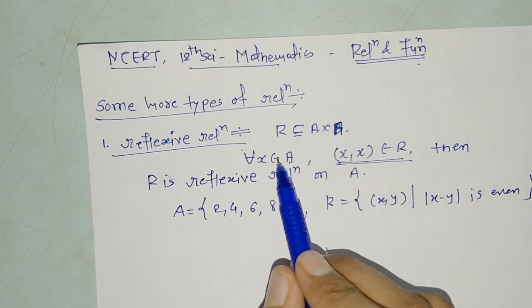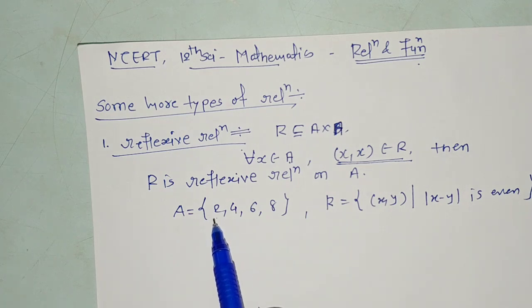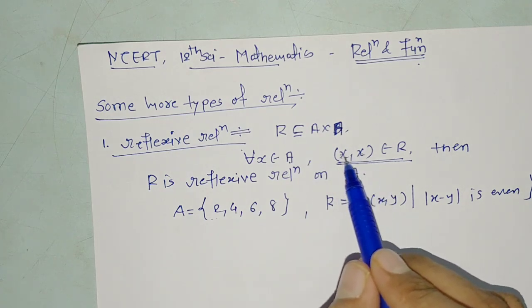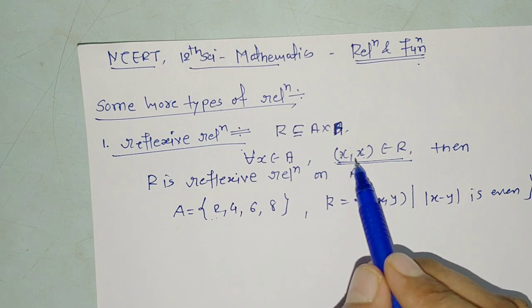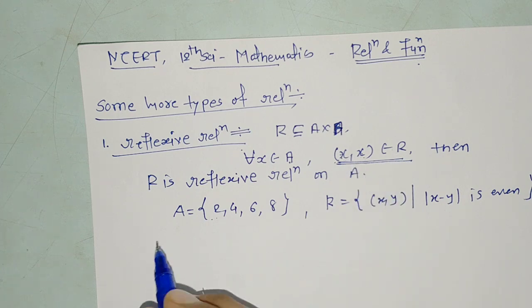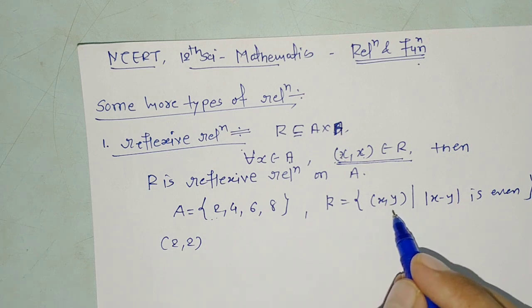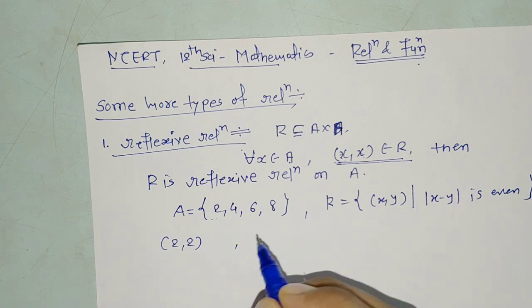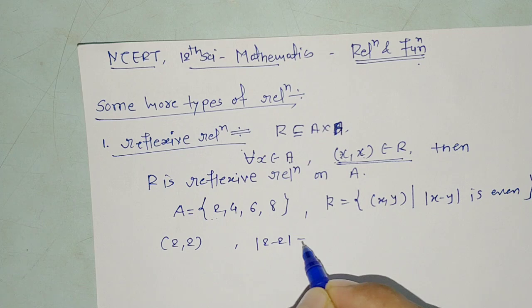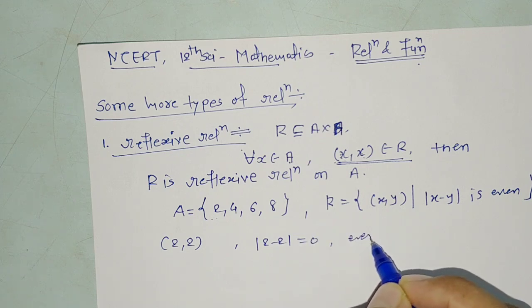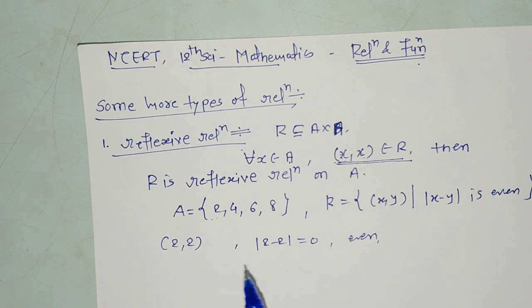For all x, I have to take only one element from A and make an ordered pair with that element, (x, x). So if I take (2, 2) and apply the relation, x minus y is always 0, which is even. So (2, 2) satisfies the relation.